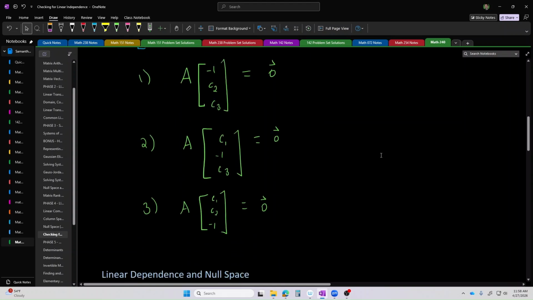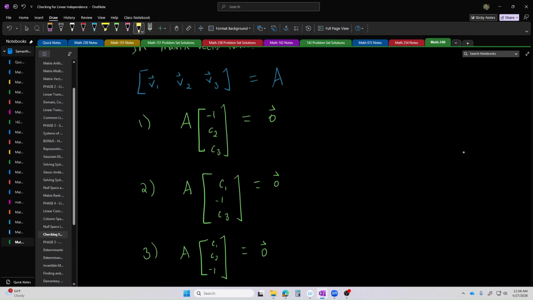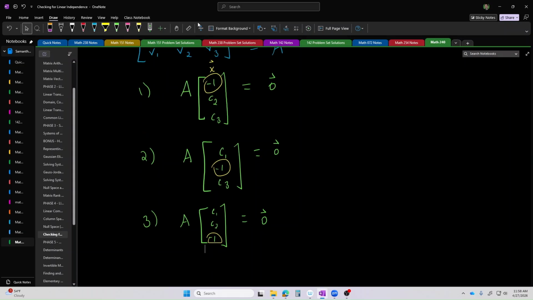Now I want you to notice something. What I want you to notice is that in all three cases, this vector that is being multiplied by the matrix A is in all three cases non-zero. The vector that's being multiplied by the matrix A always has at least one non-zero entry, -1 in some position.